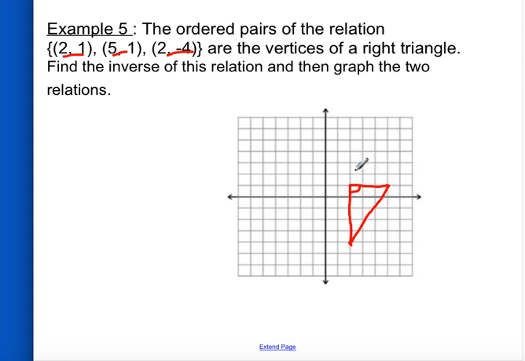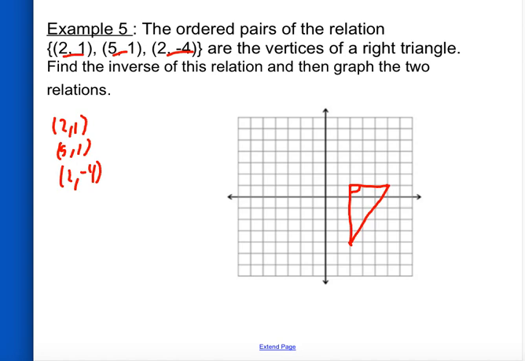We're supposed to find the inverse of this relationship and then graph the two relations. So we know how it's going to go, right? If these are all x, y, I'm going to list them down here: (2, 1), (5, 1), and (2, -4).